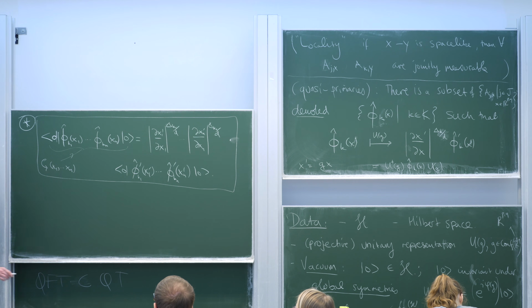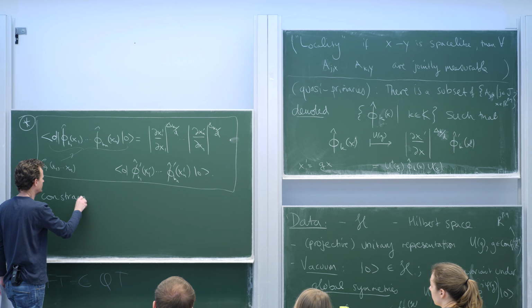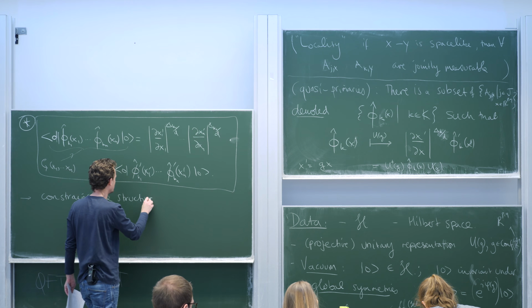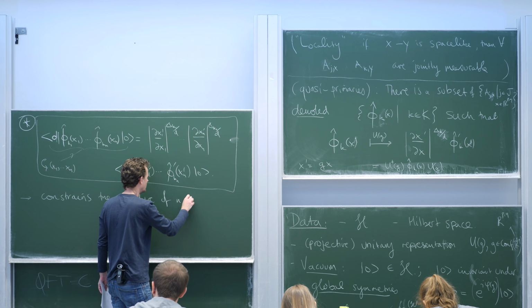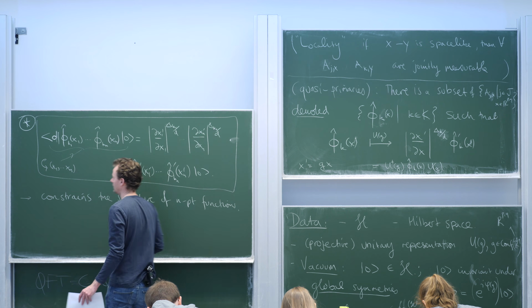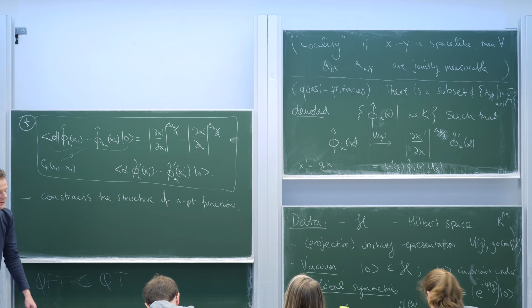So this equation star constrains possible two-point functions, or endpoint functions. Not any old function can be an endpoint function of a conformal quantum field theory.